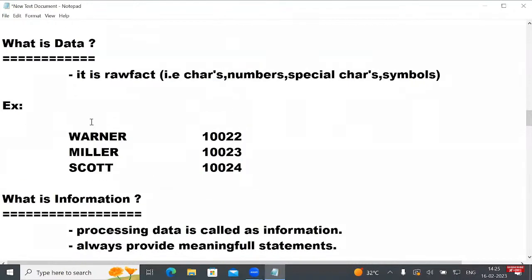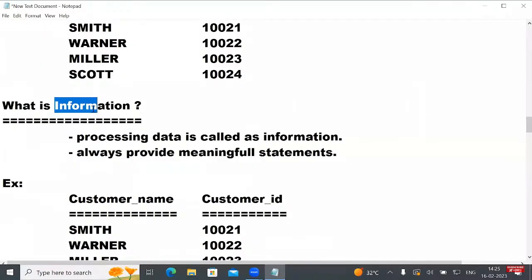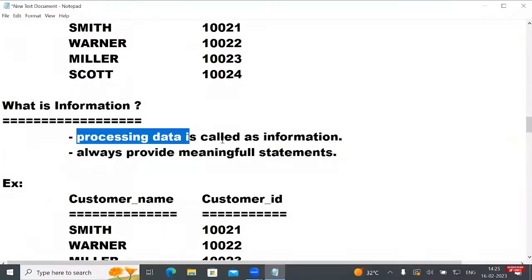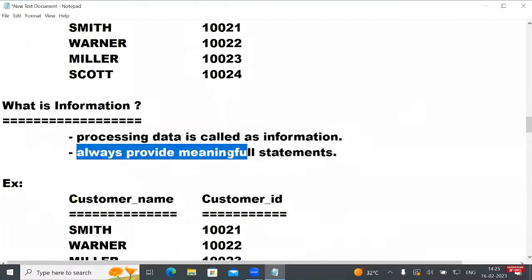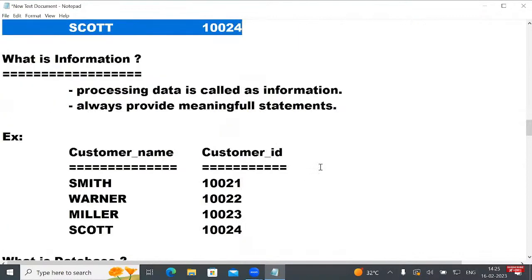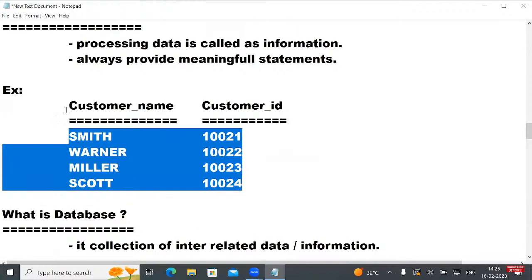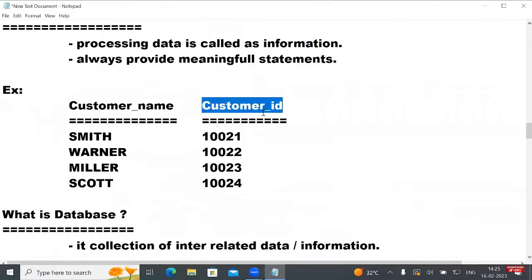When this data is not giving any meaning, but we want to give it some meaning, that is called information. Information is nothing but processed data, and it always provides meaningful statements. For example, take the same names and numbers and add headings: customer name and customer ID.